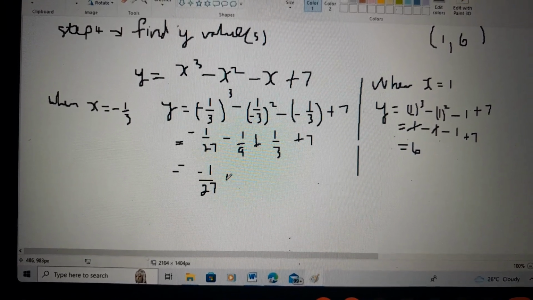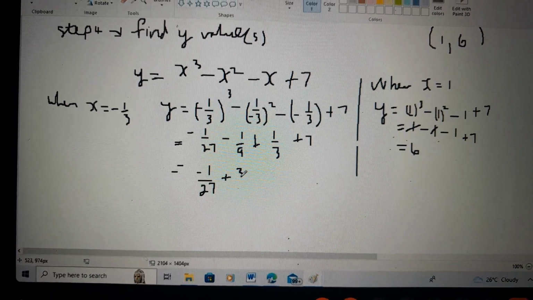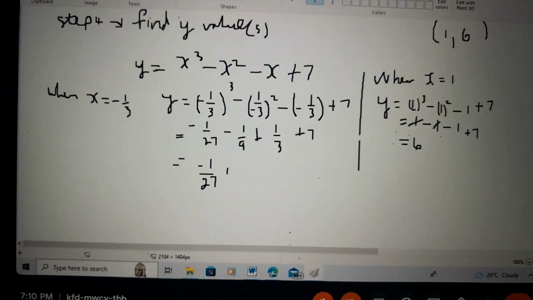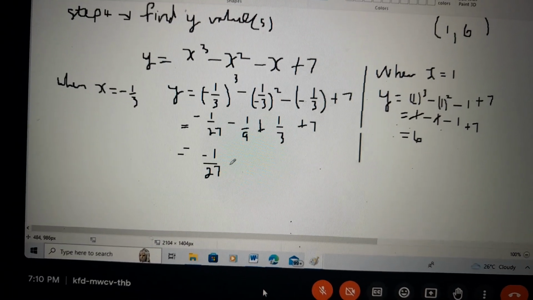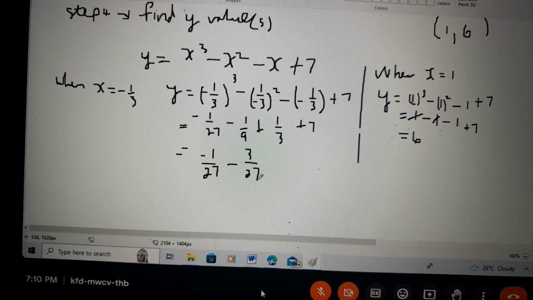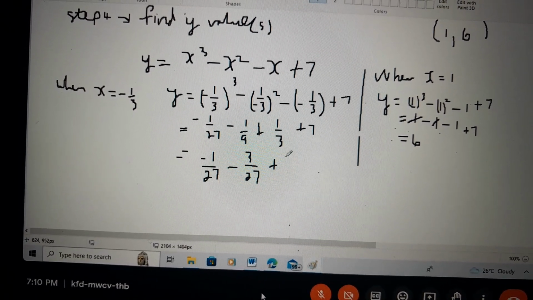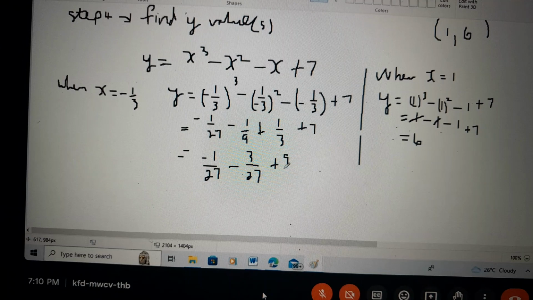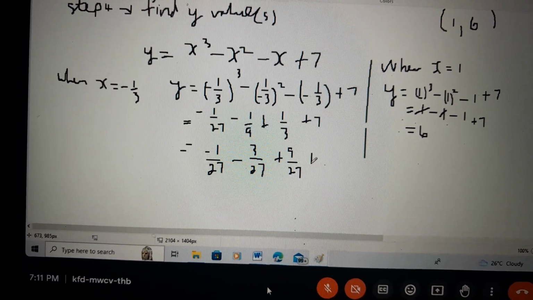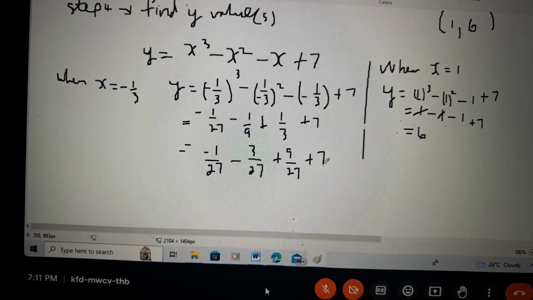Three nines 27, so this is 3 over. Why did I do that? So this will be minus 3 over 27, 9 over 27. So all I did is make equivalent fractions.